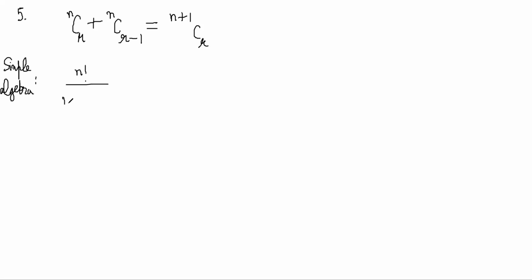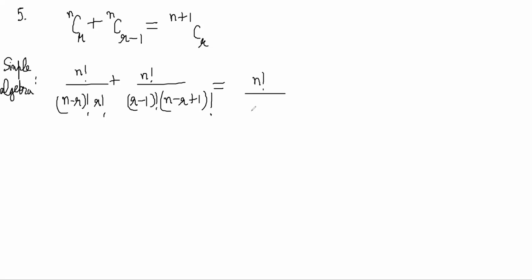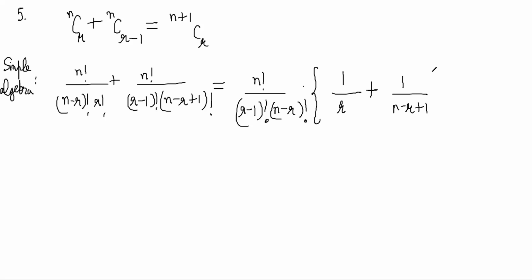n factorial by r factorial, n minus r factorial, plus n factorial by r minus 1 factorial, n minus r plus 1 factorial, right? Take common stuff: n factorial common, r minus 1 factorial common, and n minus r factorial common. What is left here? 1 by r is left here, plus 1 by n minus r plus 1 is left here, right?